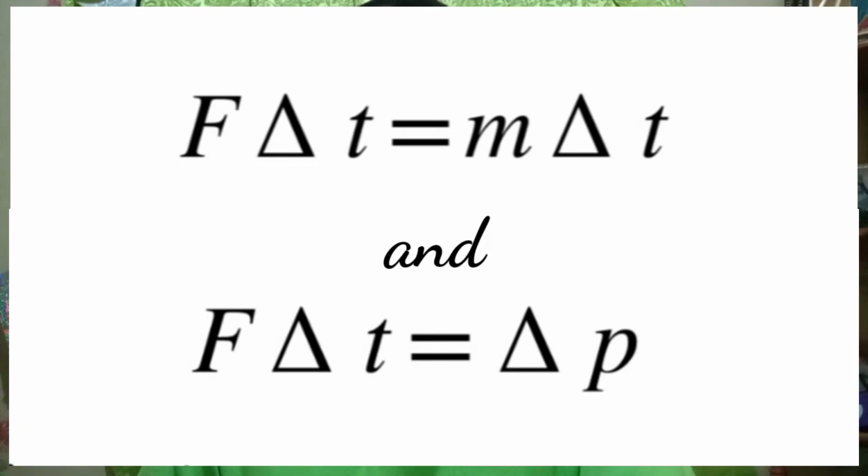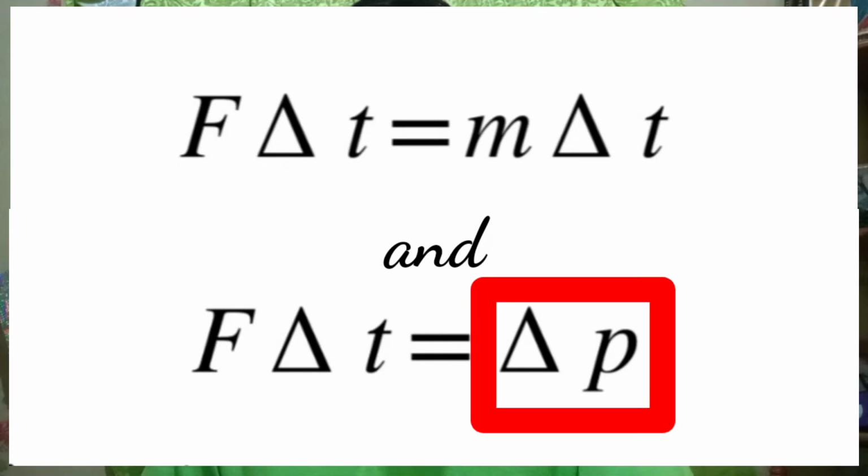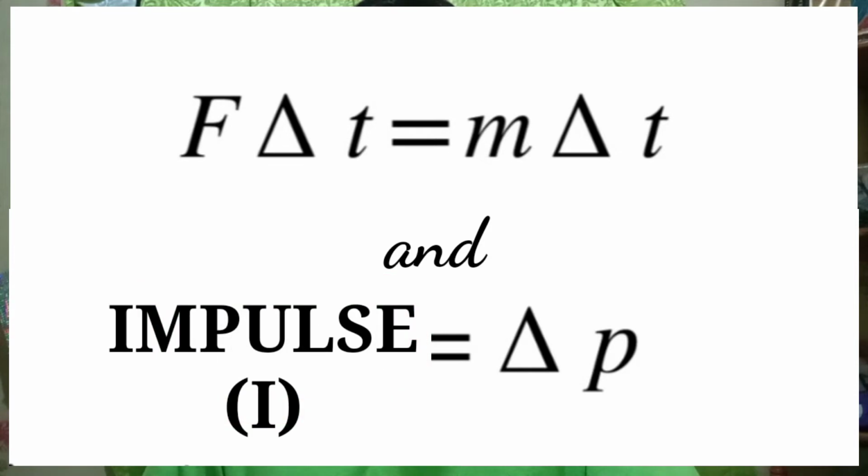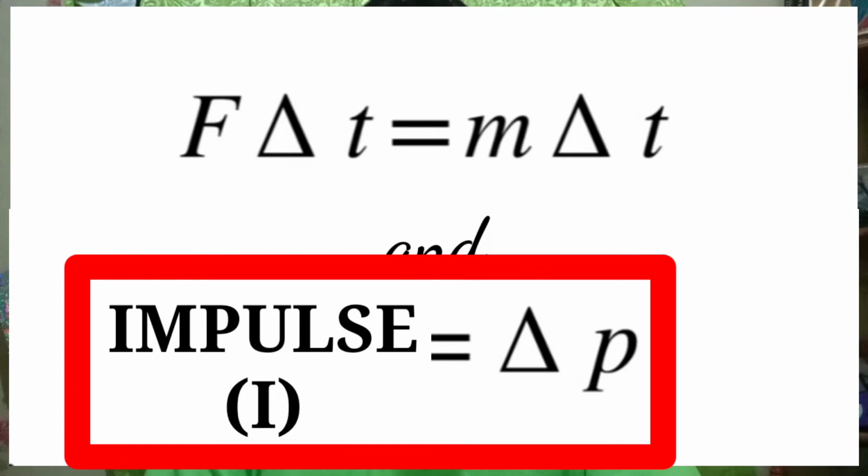With this, we can say that the change in momentum is equivalent to the product of force multiplied by the change in time. In this case, F delta t is called impulse or I. With this, we can say that impulse is the change in momentum of an object.